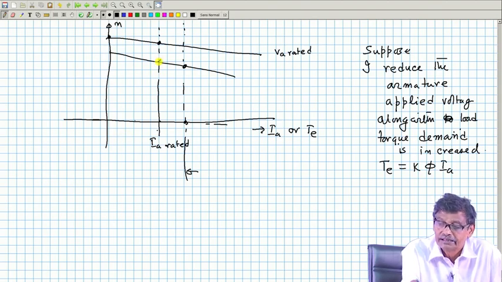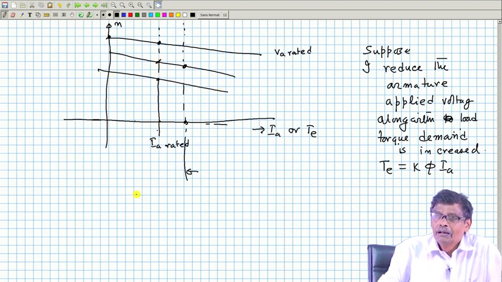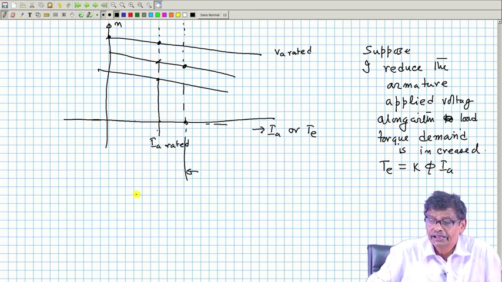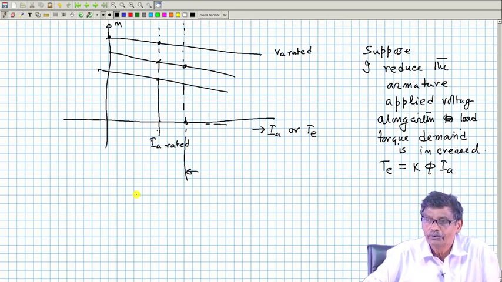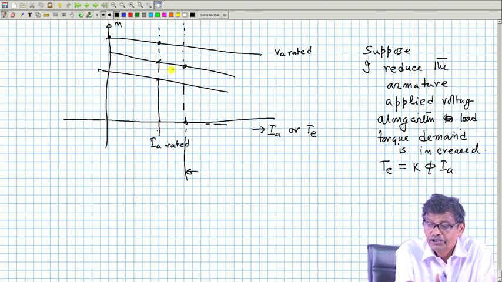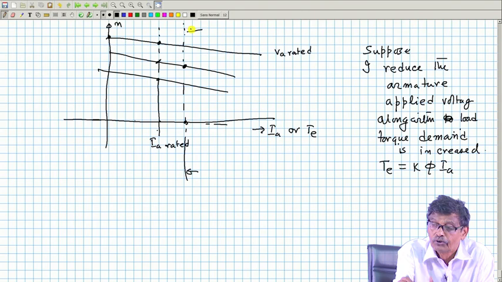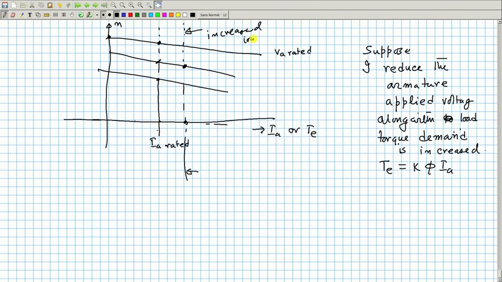That is what this point shows. But if you say, okay, it will run at reduced speed, but torque demand is more, then the operating point will shift here. This is the new increased load torque. Got the point?